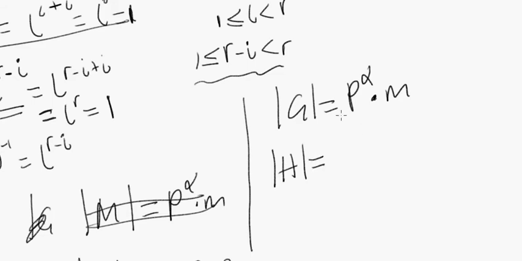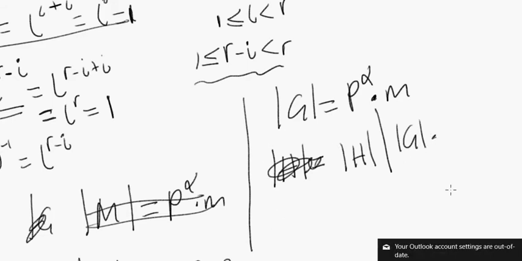Can we find all the possible divisors of p to the alpha times M? Because isn't Lagrange's theorem telling us that the order of every subgroup H of G must divide the order of G? So suppose we're able to find all the possible divisors of p to the alpha times M.